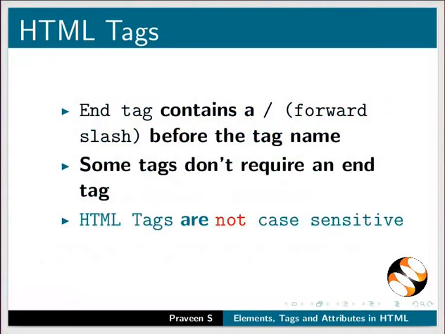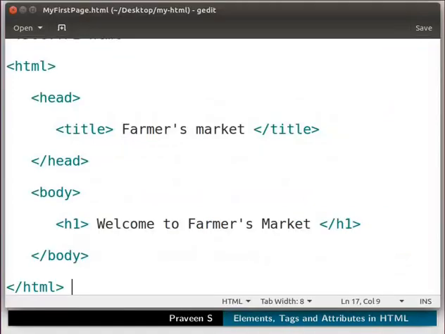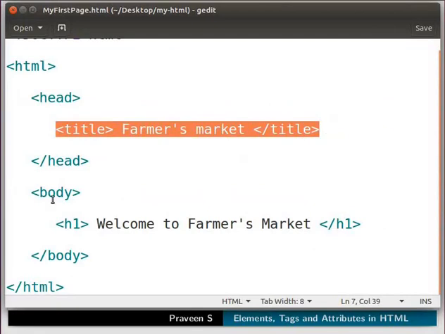Each end tag contains a / before the tag name. There are some tags which don't require an end tag. HTML tags are not case sensitive. However, it is advisable to use lowercase.